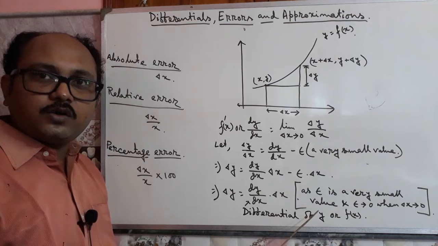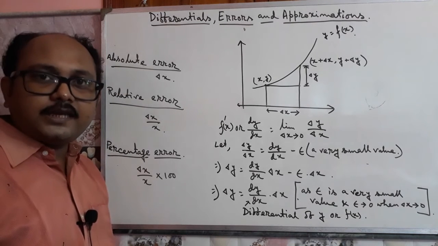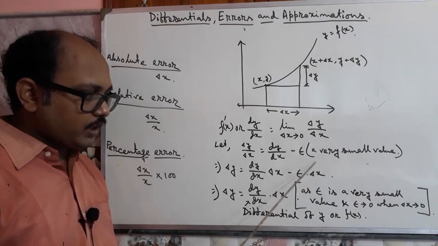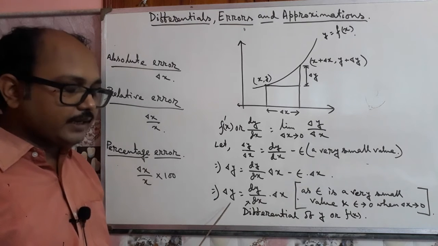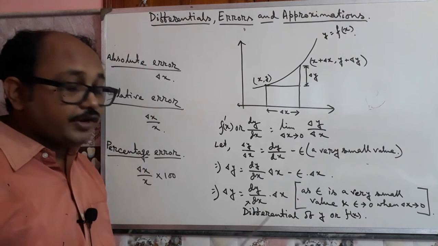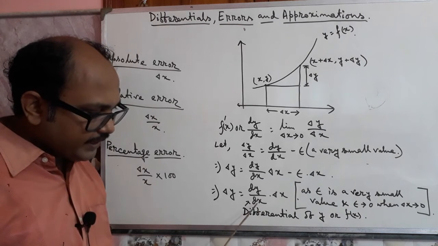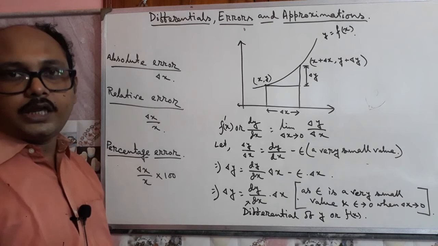When delta x tends to 0, epsilon also tends to 0. So the product of these two small values can be neglected. Ultimately we get delta y equal to dy dx into delta x, which is known as differential. This dy dx into delta x is known as the differential of y or f of x.